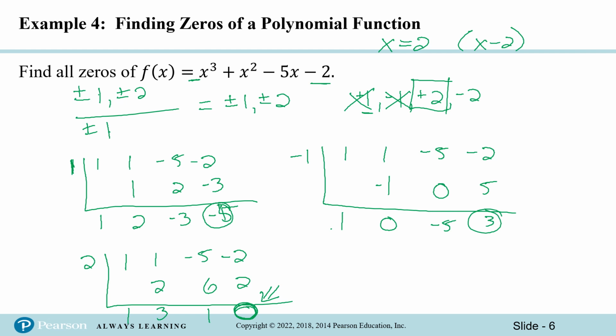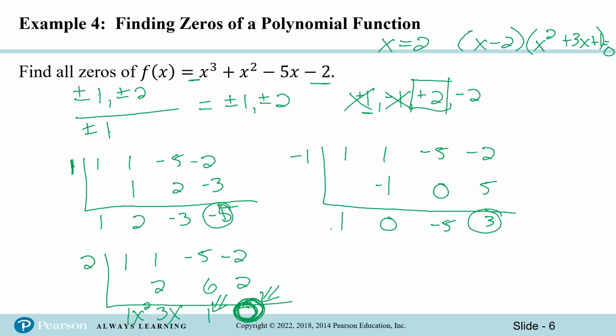And I also have, it's hard to see down here, but this is my remainder, my constant, my x, and my x squared. So x squared plus 3x plus 1 equals 0.